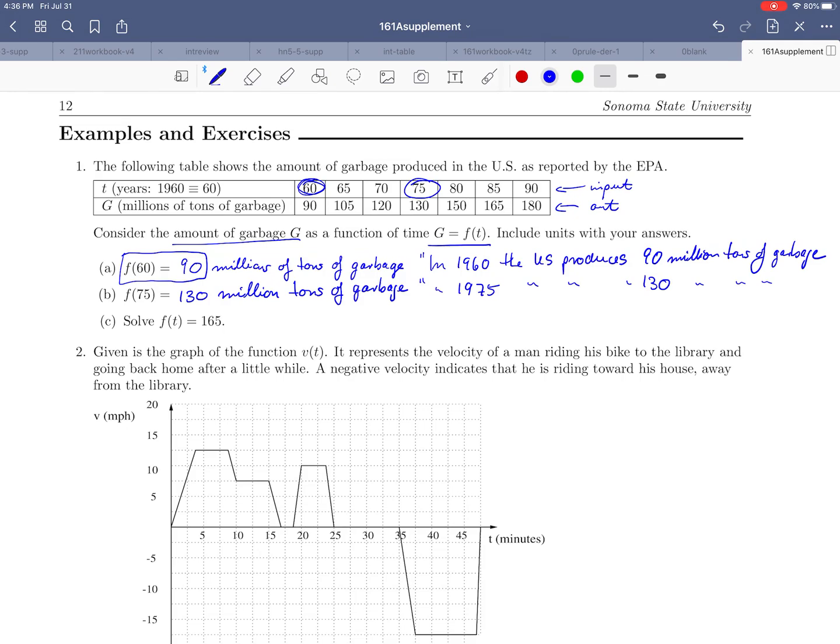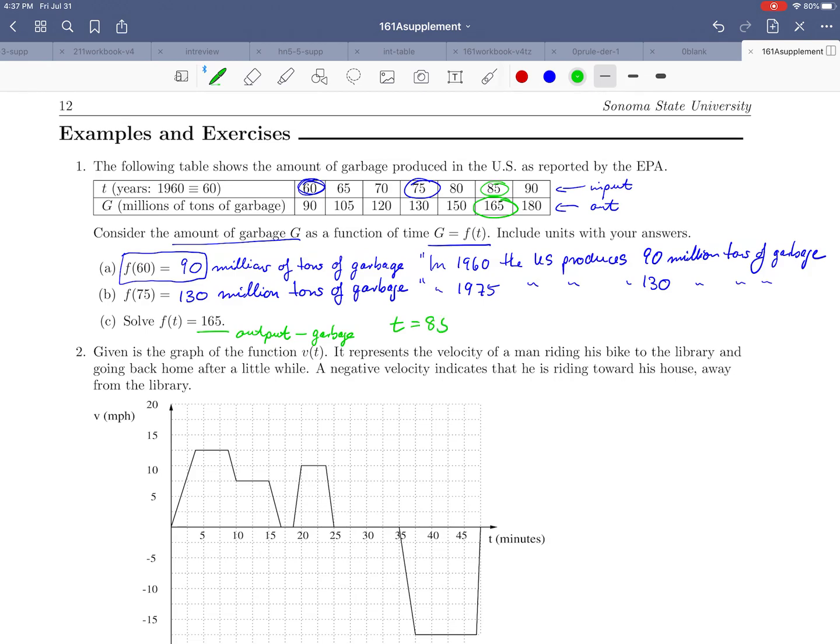They're also asking us to solve f of t equal to 165. And so this 165 right here, that now is an output value. So that is millions of tons of garbage. So that is a garbage number. And it's 165. So we have to go to our output row, find 165, and conclude that the associated input is 85.